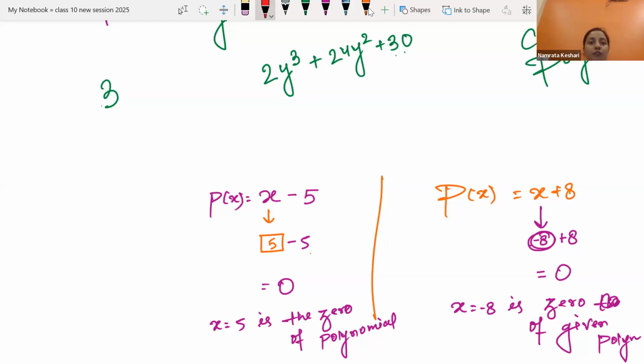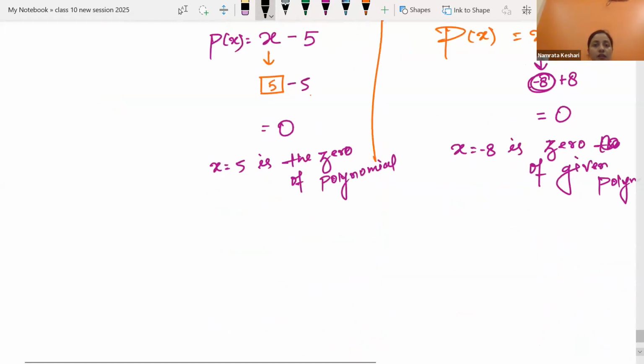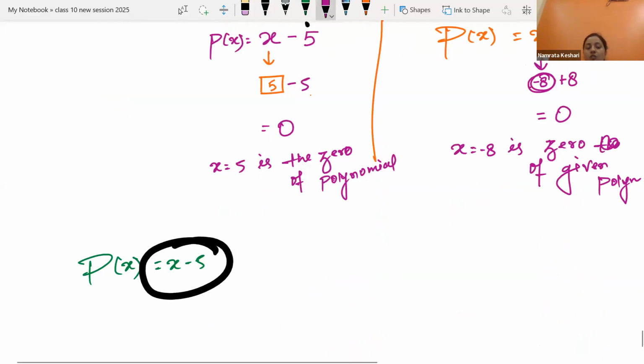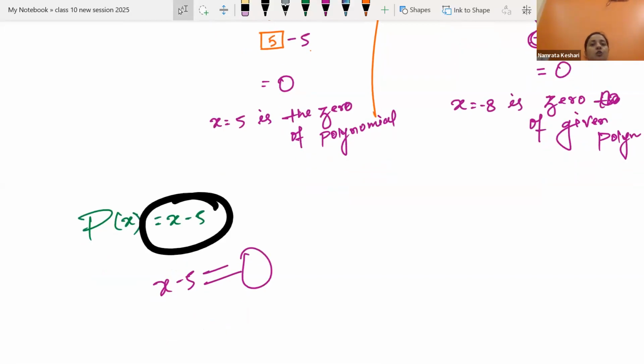There is a proper method for finding the zero. In case we want to find the zero of this polynomial p(x) equals x minus 5, the process says: take your polynomial just as it is, x minus 5, and write equals 0 by yourself.